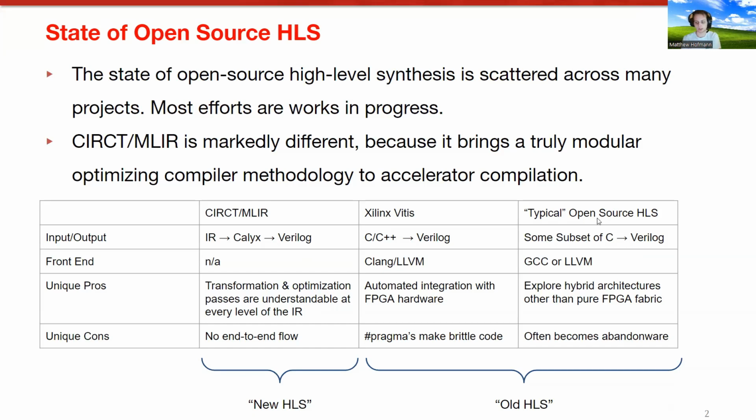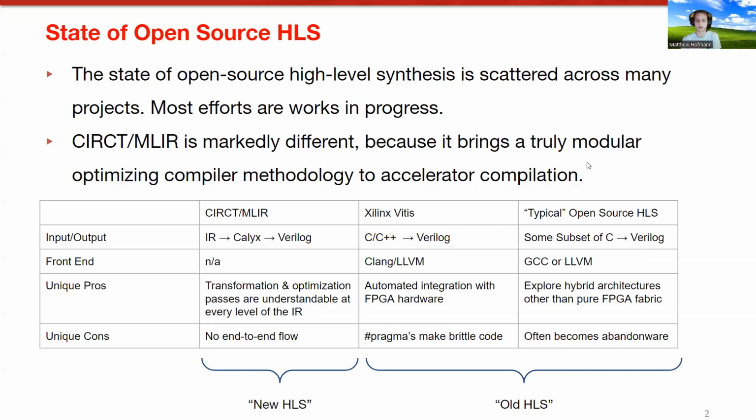So, when we're talking about old HLS, which is what we're calling Vitis and some other open source HLS projects, they use conventional compilers like LLVM to do their front end transformations. And this results in hacky and tightly coupled solutions that are really starting to hit a wall in terms of extensibility and ability to handle new emerging applications.